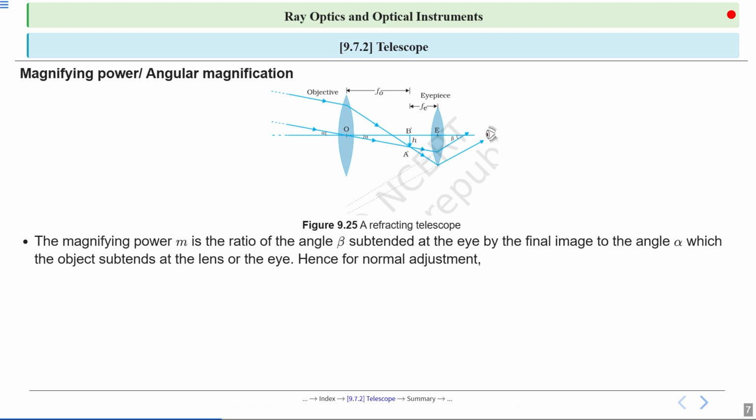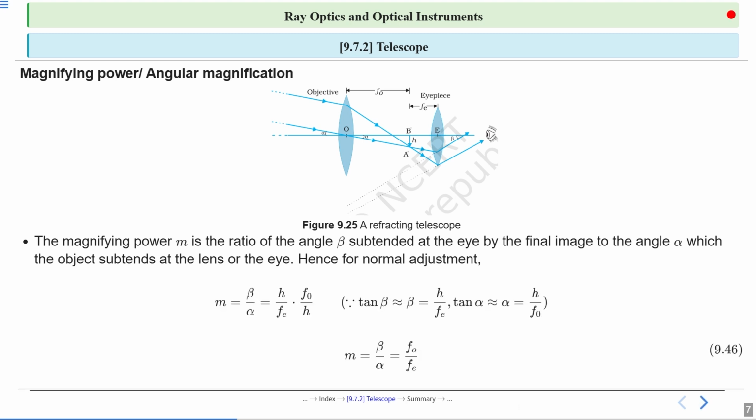As you can see in the diagram, alpha is the angle subtended by the object at the eye, or we can say objective lens, and beta is the angle subtended by the final image at the eye. The ratio is fundamental in determining how much larger the image appears compared to the actual object.